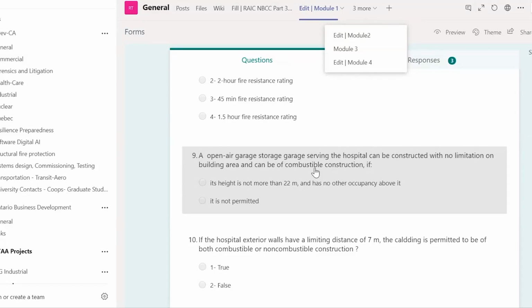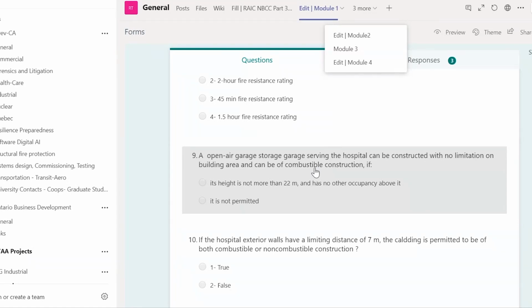So there is multiple Group F Division 3. But if I look at 3.2.2.90, the only one that I see that I can have an open air storage garage serving with no limitation on building area, and if I need to construct it with combustible construction, I do not.